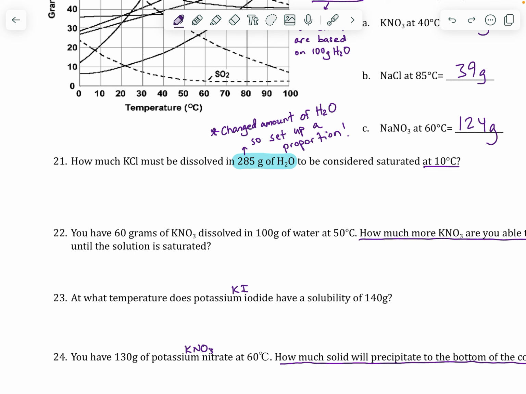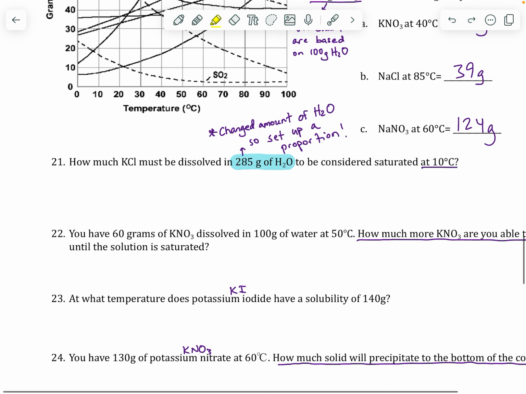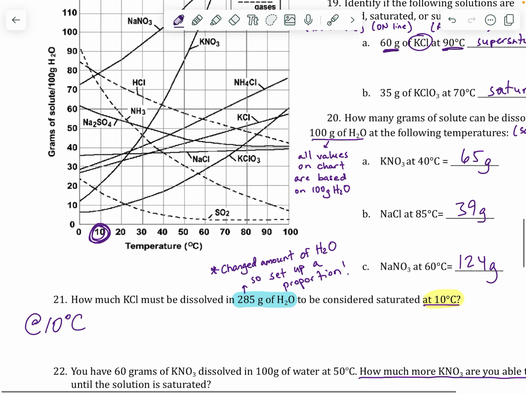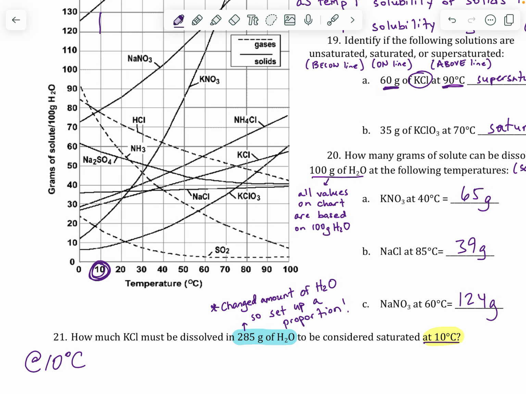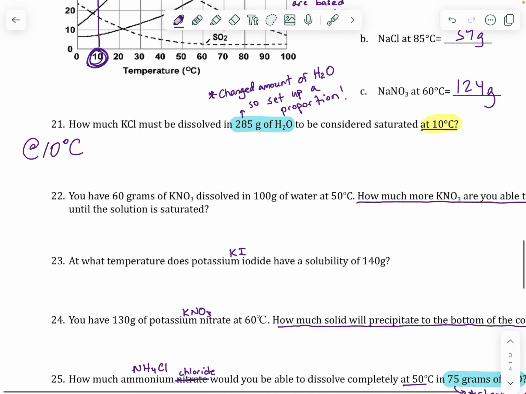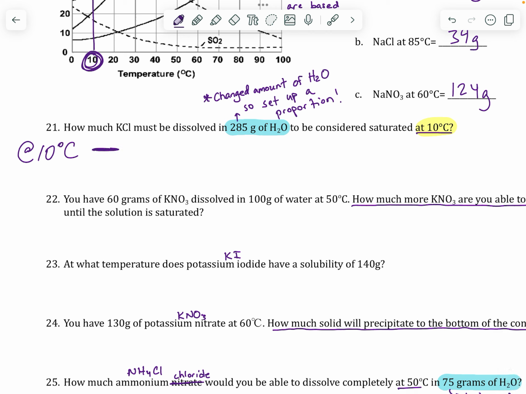So what I like to do is identify the temperature that you're looking at, and you don't do anything with that other than that's the temperature that you look at. We're really just focused on whenever the substance hits that line at that temperature. That's all that means.